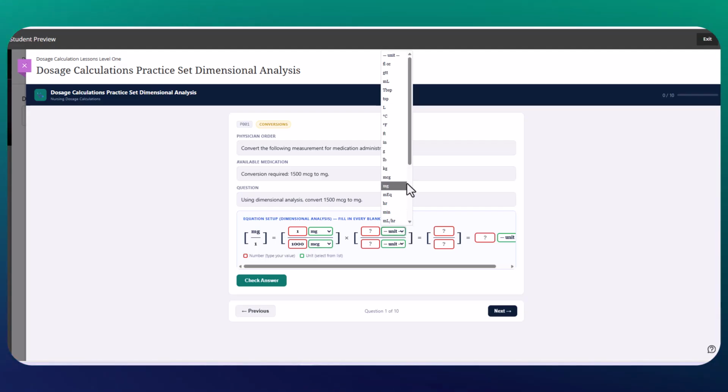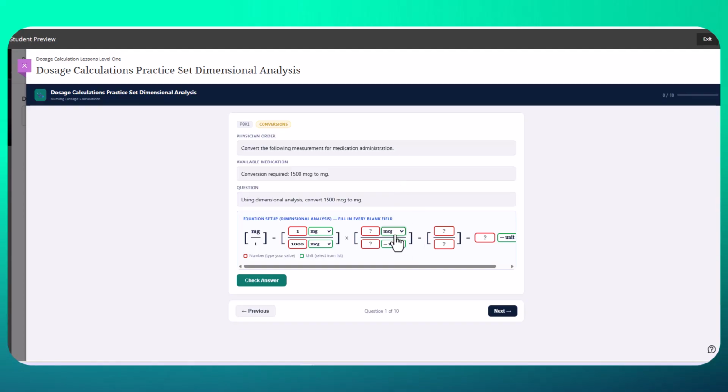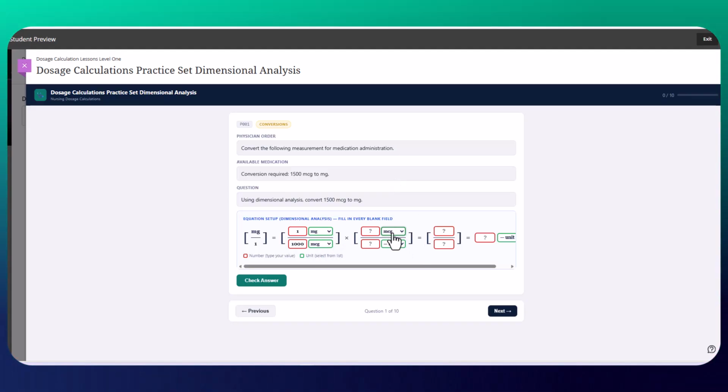Okay, so I'm going to go up and grab micrograms again and put it at the top so I can cross cancel it. All right, can't add anything else here, but micrograms, oh yeah, my available 1,500 micrograms. So I'm going to put 1,500 in this box. Okay, now I don't have a unit of measure for under this fraction, but it gives me one.